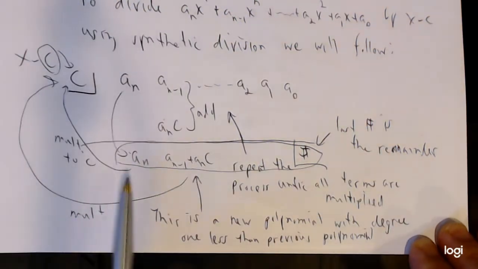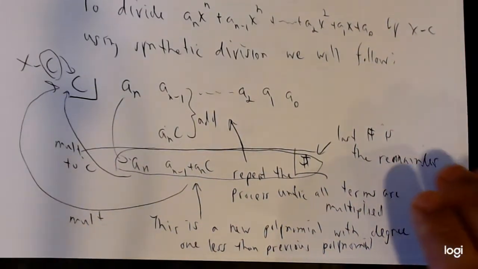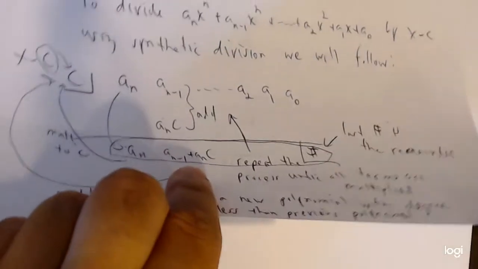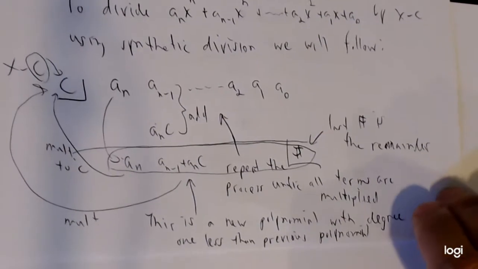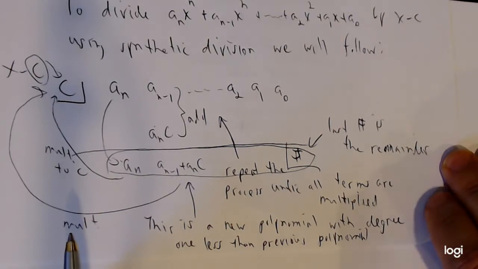Okay, and then these become the coefficients of your new polynomial. Okay, so with that said, let's look at our second example where we'll apply synthetic division, and then you'll see that this will kind of be in play, so it'll all work out nicely.